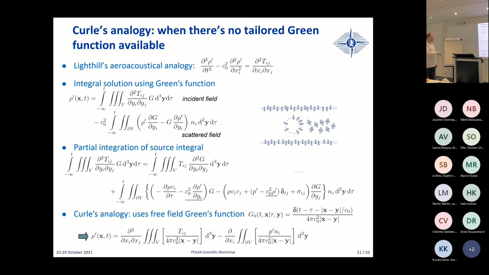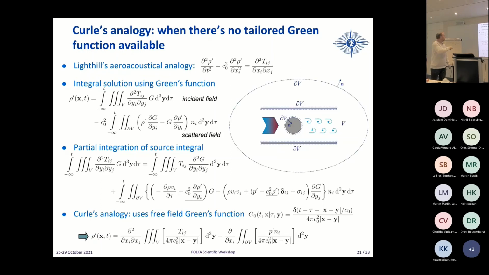And this is the integral solution according to Curle. Okay, so it's nothing new, and if you have followed the derivation that we had before with the Green function, you have exactly the same. Now, the thing that is just mildly disturbing here is that when you start with this solution, you have some source field that corresponds, in this case, to a volume integral.